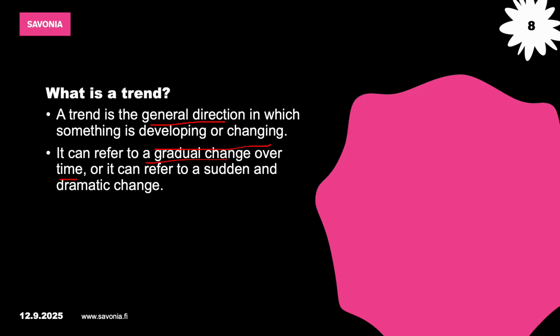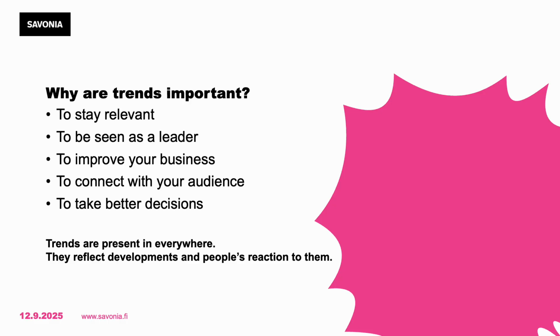And that also means that a trend can refer to something that happens suddenly or comes out of nowhere and actually does create a dramatic change. Now, whether a trend is here to stay or it's just something that comes momentarily and goes, it's something that is evaluated over time.